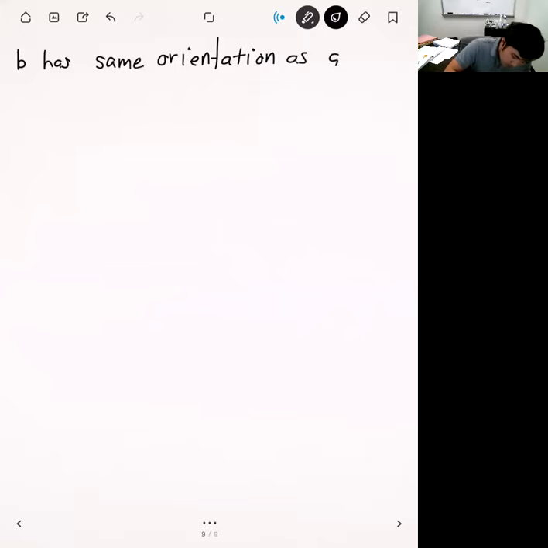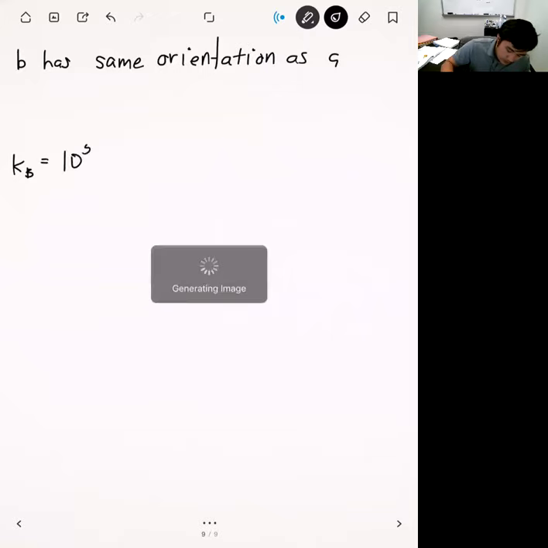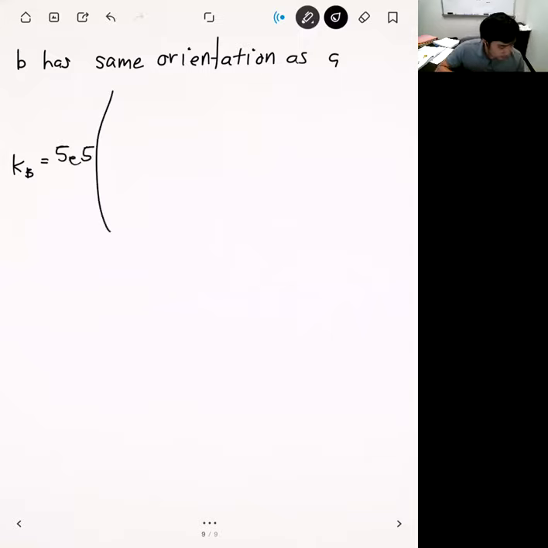So KB is equal to 5 times 10 to the 5th, and then we're just going to write out the same element stiffness matrix. Let me go and do that really quickly.